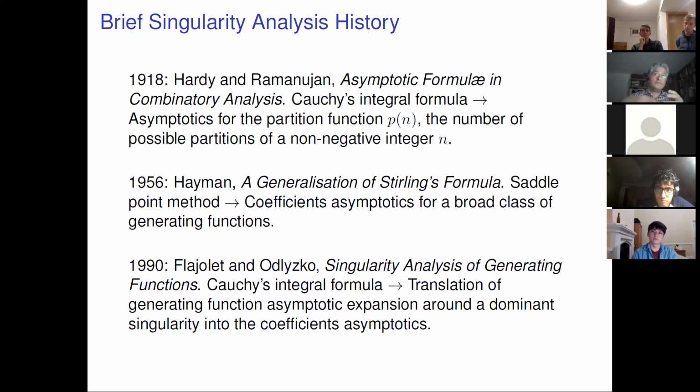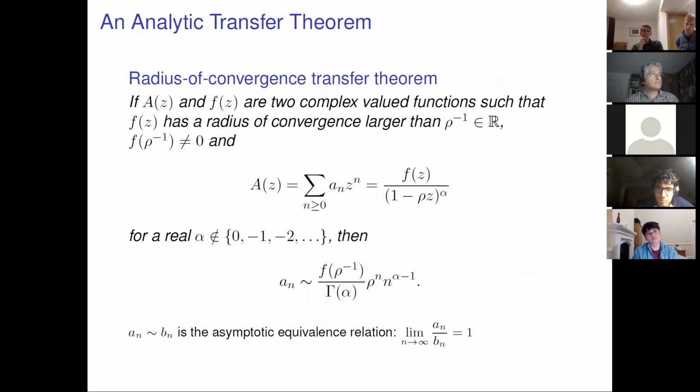They can generalize that to not just a single dominant singularity, but more, and sometimes they look even at singularities beyond them if they want not just the leading term of the asymptotic expression.